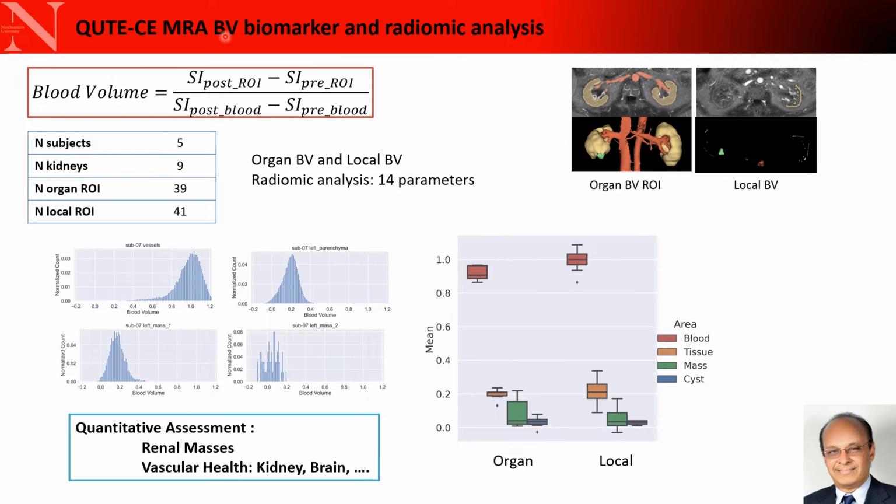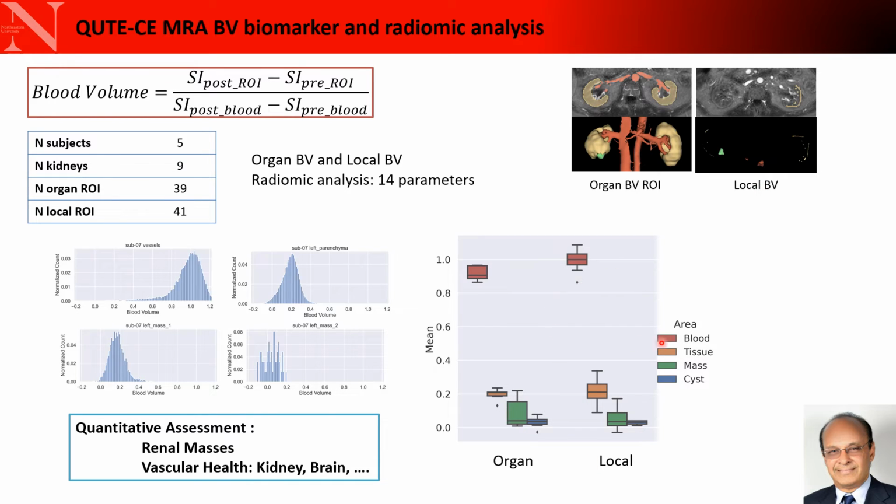QTCE-MRA is quantitative in that we can directly measure the contrast agent concentration in the blood pool. This can be used to calculate the blood volume as a biomarker in any organ or tumor. An example is shown here of an ongoing study in multiple subjects where we have conducted radiomic analysis of 14 parameters of the renal blood volume at both the organ level and the local level.